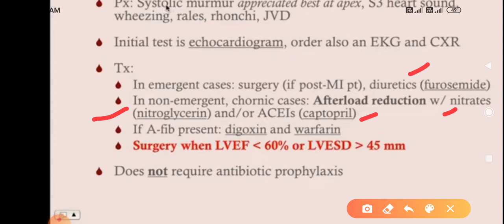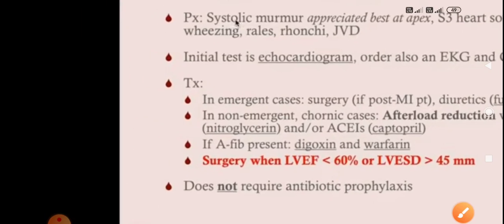And what else? Digoxin, dobutamine. For atrial fibrillation, we can use digoxin and warfarin. Surgery when there is left ventricular ejection fraction less than 60%, or left ventricular end-systolic diameter more than 45 millimeters. Does not require antibiotic prophylaxis here.